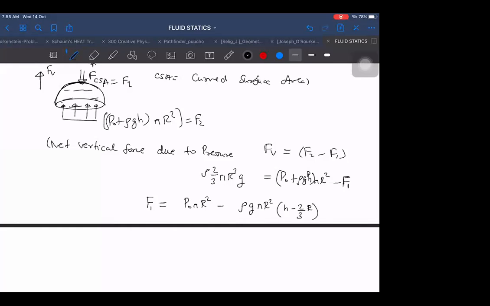Is it wrong? That only, I said. Yes, sir, you also said that. Okay, you wrote it in a different way, I understood. How are you writing it? Taking pi r square common, sir. No, we cannot do that. That only we have to do. Minus 2r by 3, sir. Yes, that one.